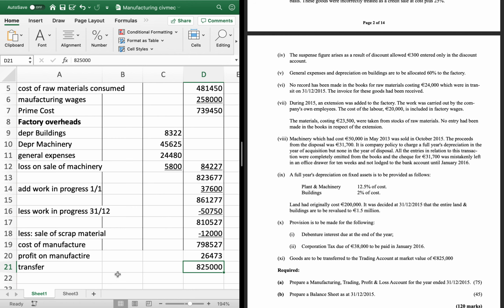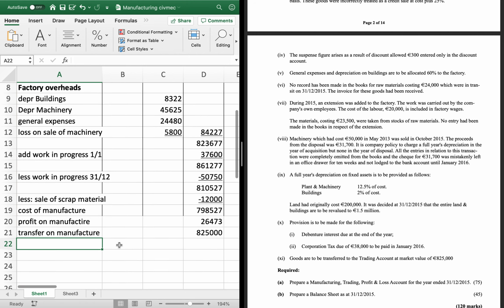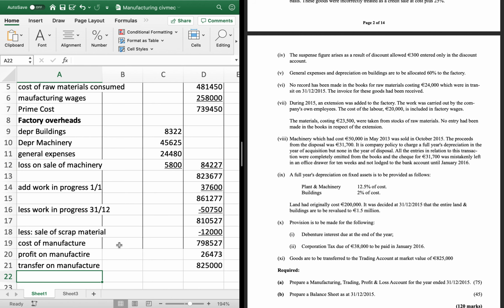Now, by doing that, that is going to impact our profit and loss account in a minute. Now, if you don't do it, you'll still get the exact same answer because you're not allowed to do what we've just done and you have to take it out in a little bit. Okay, so that's the manufacturing account done. We're on to our trading profit and loss account.